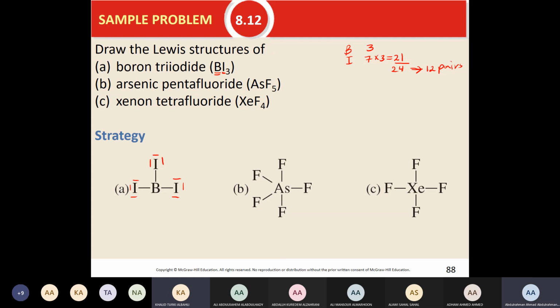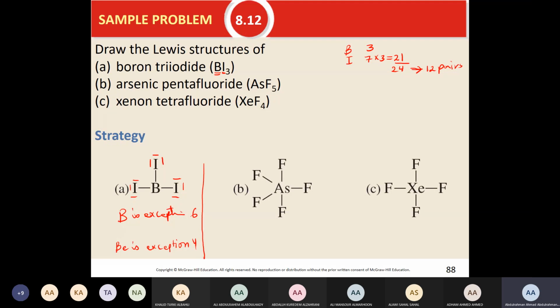Is it acceptable to have 6 electrons around boron? Yes. Why? Boron takes exception. Takes how many electrons? Only 6. We also know that Be, beryllium, takes only 4. Very good.